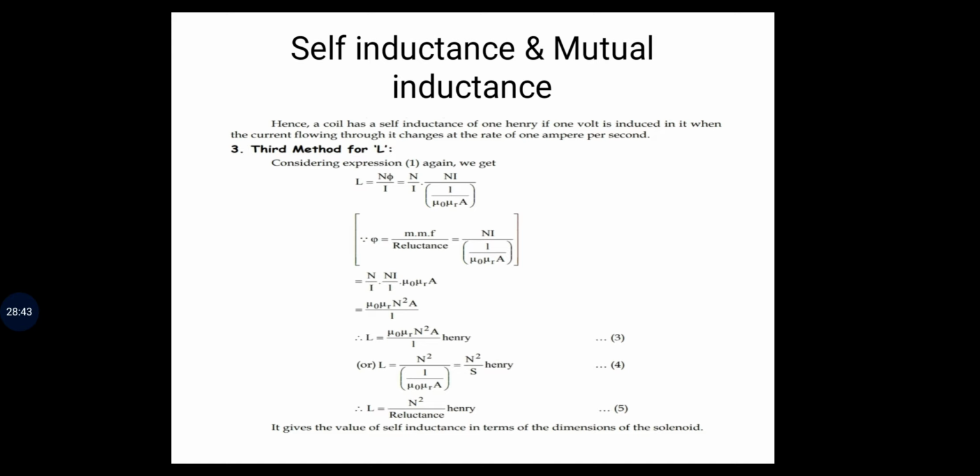Finally we get L equal to mu naught mu r N square A by l.